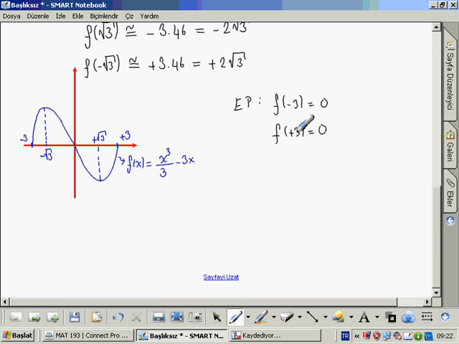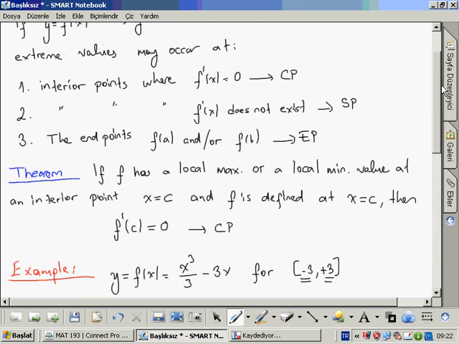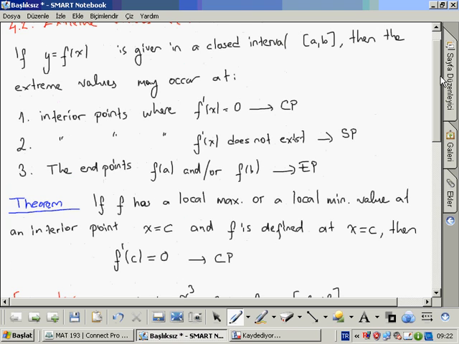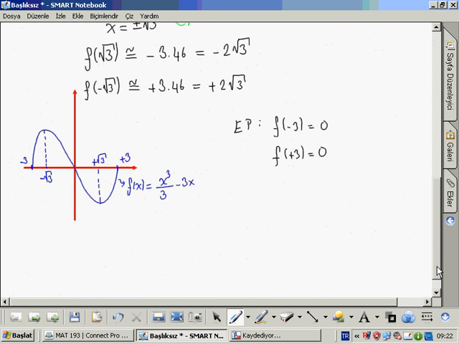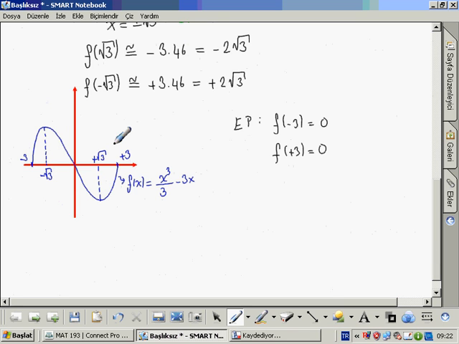Okay, and don't forget the previous definition: if f prime of x does not exist at any interior point, we can say that point is a singular point. We know that this polynomial function has a derivative in the whole of its domain, so it can be differentiated.